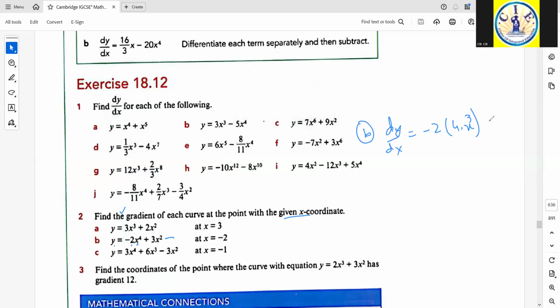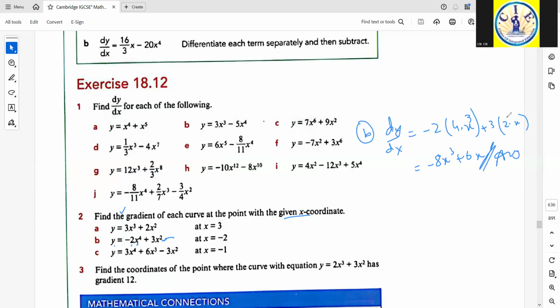And then plus 3 times 2x raised to the power, obviously 2 minus 1, which is actually 1. So simplifying them, negative 8x cubed plus 6x.